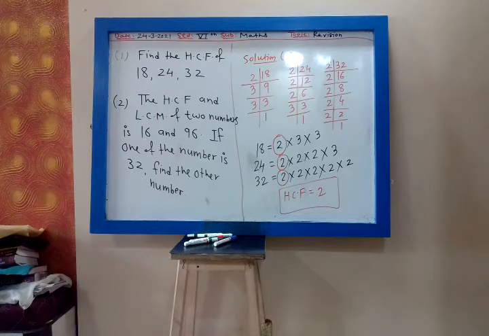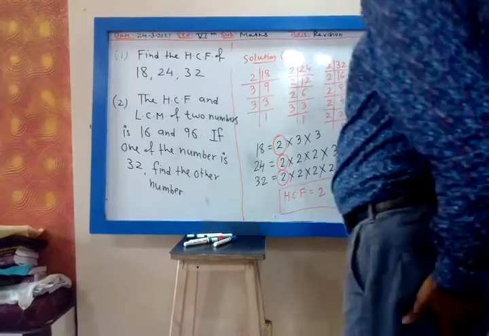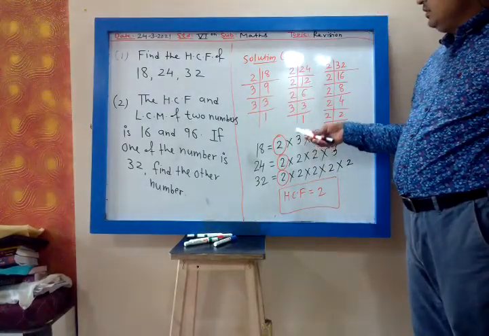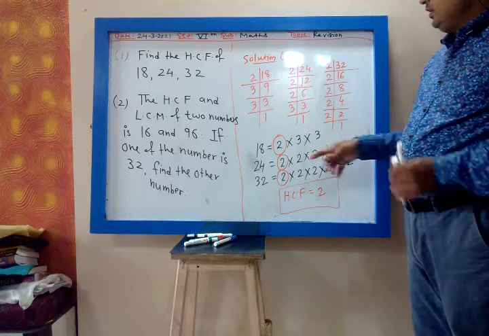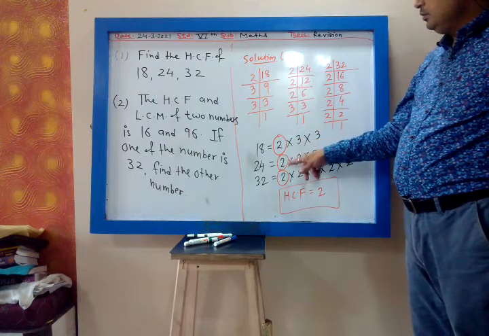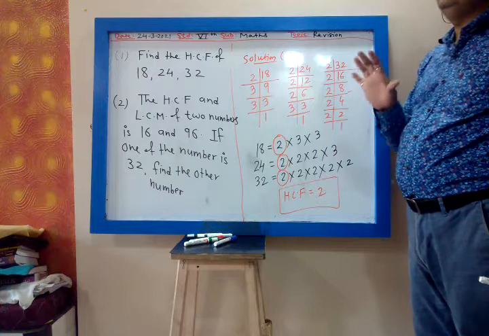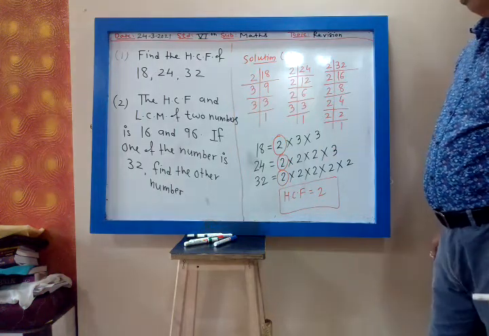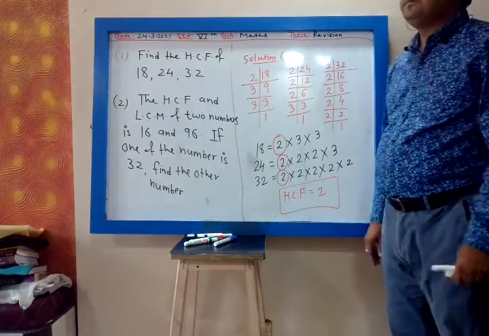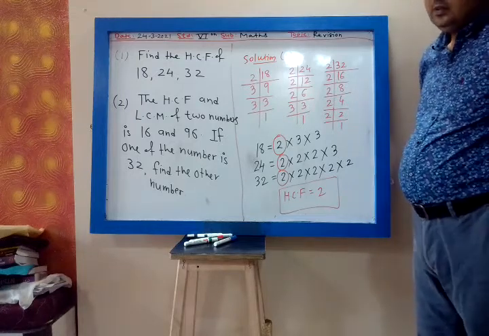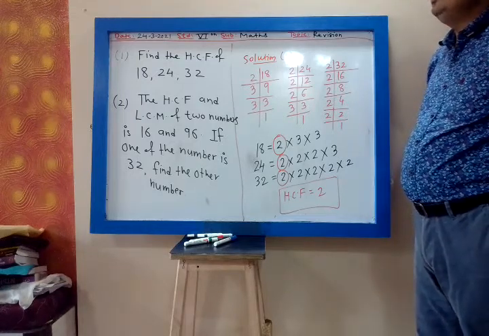By the prime factorization method, we find the HCF. We find the common factor of all three numbers. The only common factor is 2. So the HCF of these three numbers is 2.